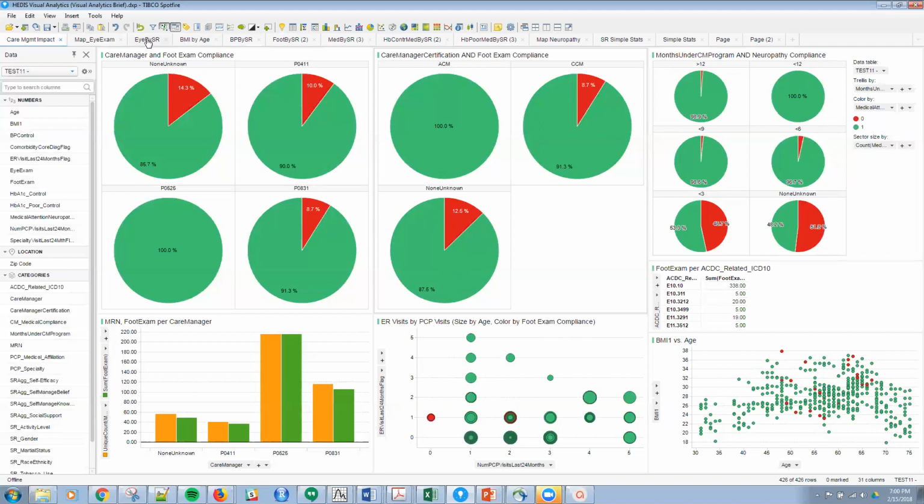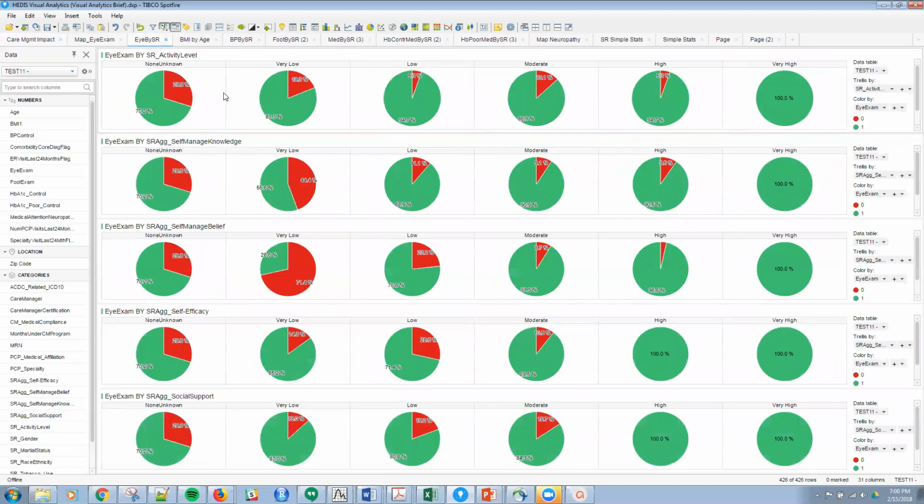A couple other ones. Let's see. We can look at eye exams across a self-reported metric. So these are aggregate measures for activity level, self-management knowledge, self-belief, self-efficacy, and social support.